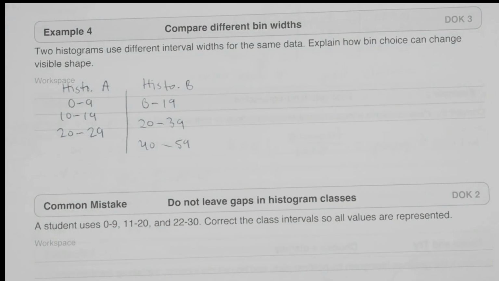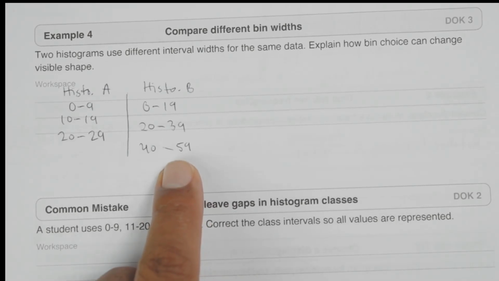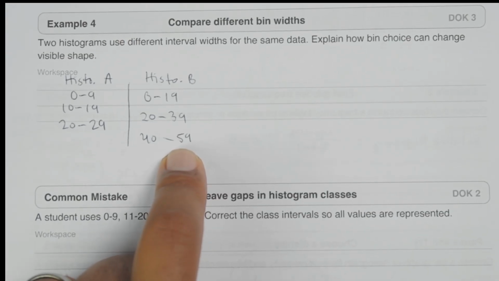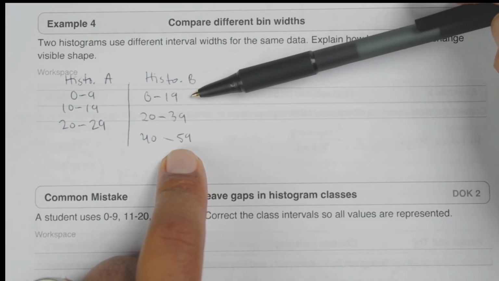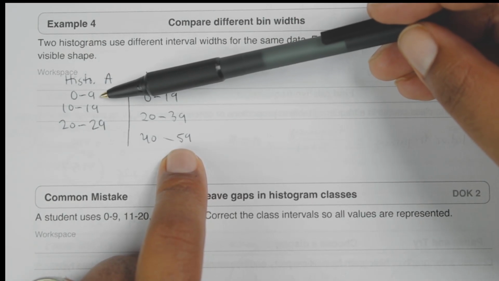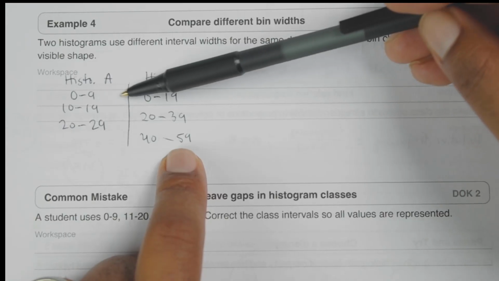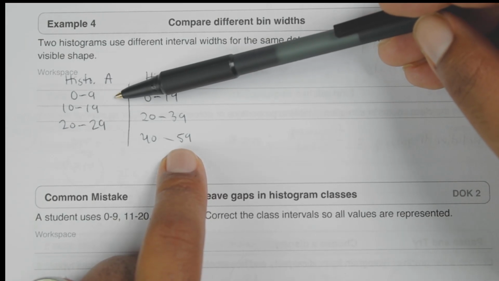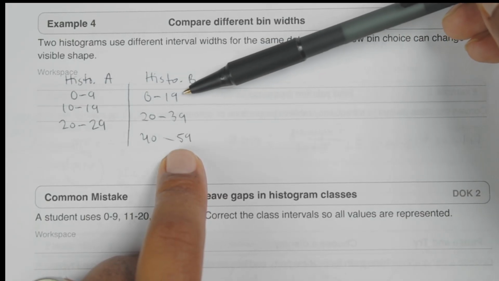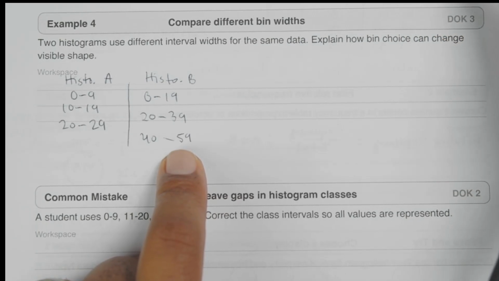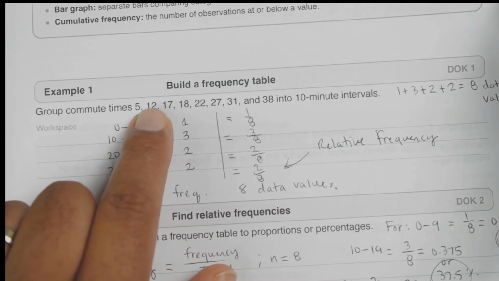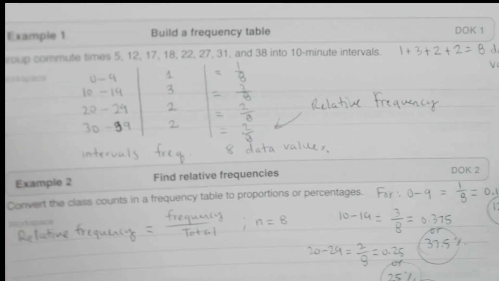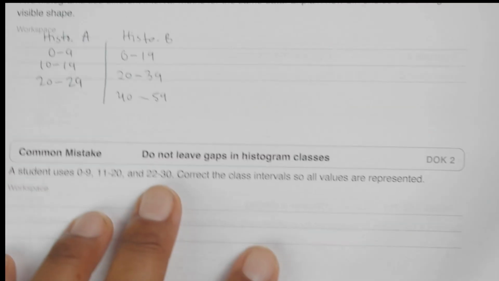So the wider intervals combine more data together. Let's say we use the same study that we used earlier in the first example. Well, you're going to have one relative frequency, so it'll be 1/8. Then between 0 and 19, there was 1, 2, 3, 4. That would be 4/8. So notice how the frequency would change.